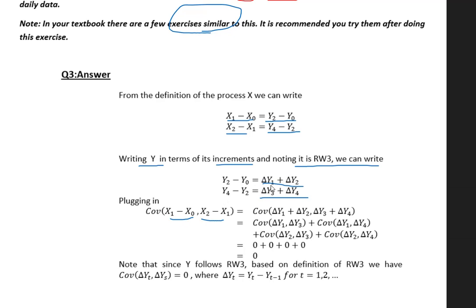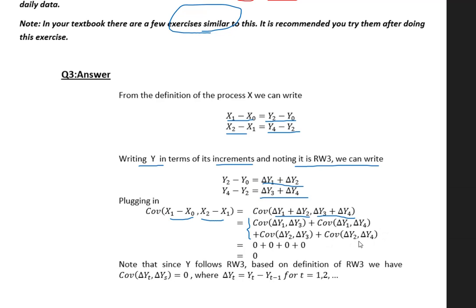So if we just replace these equivalent values, we obtain this expression: we are required to find the covariance between these two expressions that are in terms of increments of y. So using the covariance properties and expanding this covariance, we obtain the following expression.